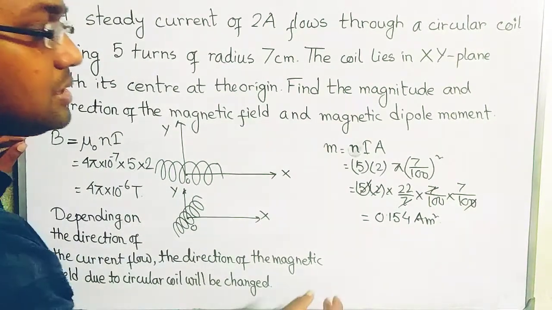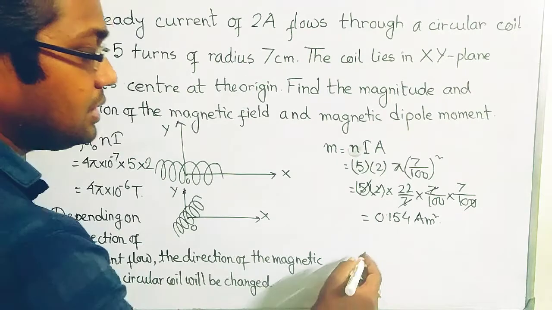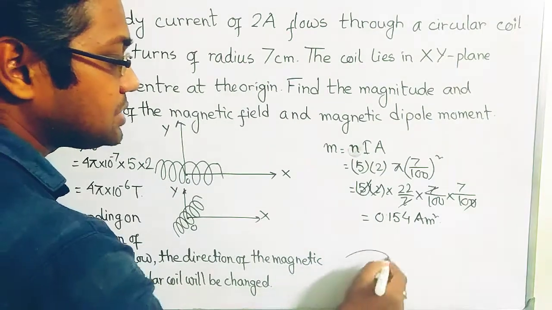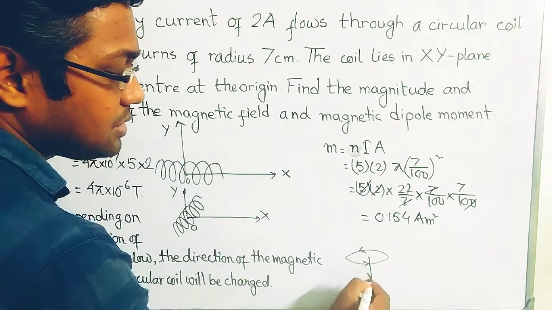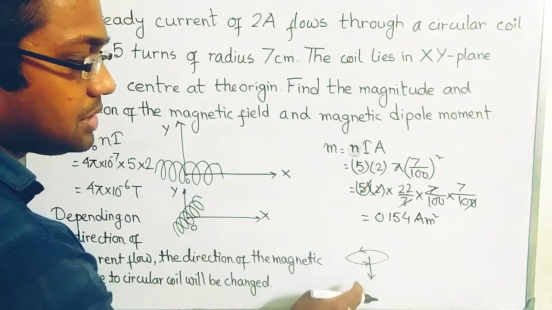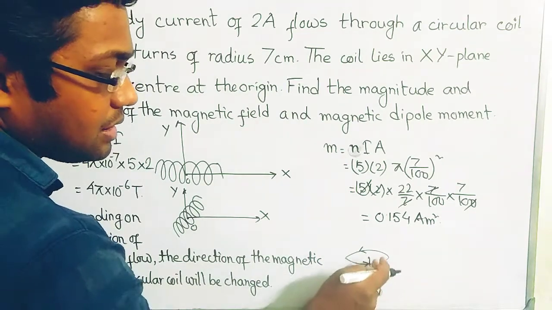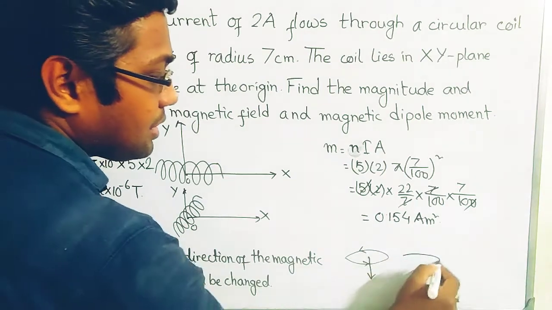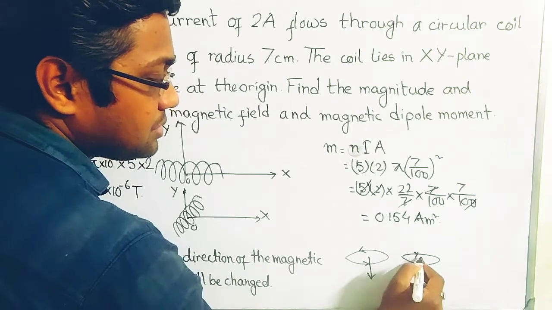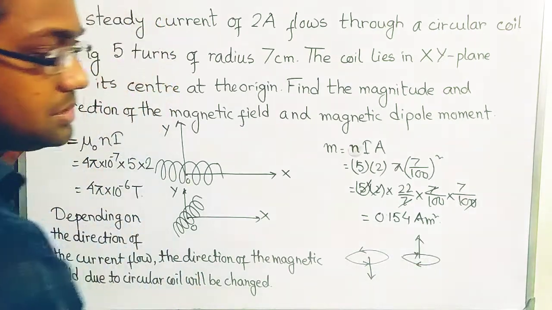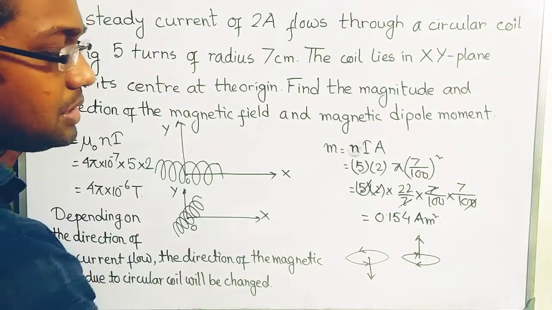The direction of the magnetic dipole moment obviously depends on the current. Just like if the current direction is like this, then the dipole moment will be in the downward direction, and if the direction is reversed, then the dipole moment will be in the upward direction.